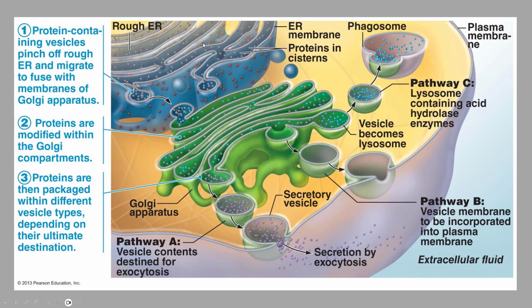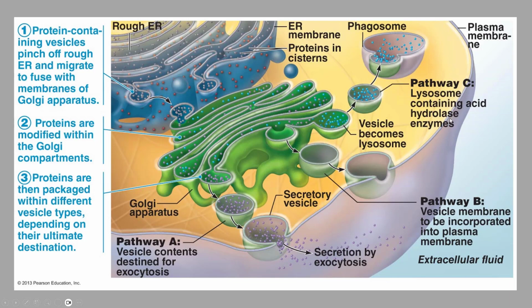Ribosomes on the rough ER and the rough ER itself make proteins that are destined to either become some sort of vesicle, like a lysosome, a secretory vesicle, a peroxisome, something like that, or that are destined to leave the cell through exocytosis, things like hormones, or that are destined to become proteins that are part of the plasma membrane.